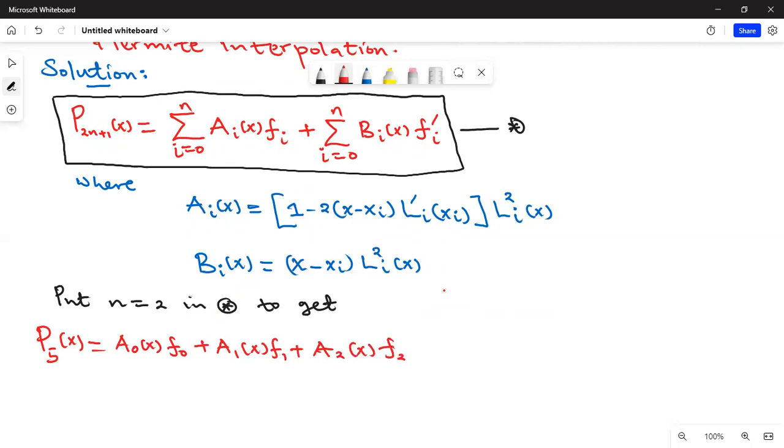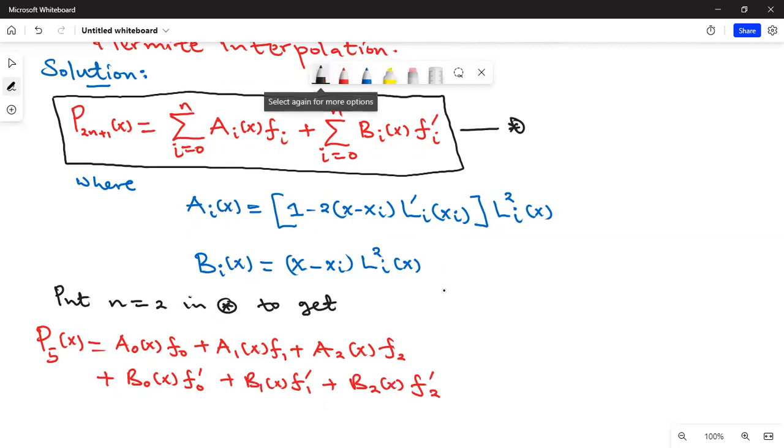Then the other summation is plus b naught of x f naught prime plus b1 of x f1 prime plus b2 of x f2 prime. Now, you know how to find the ai of x and also bi of x.